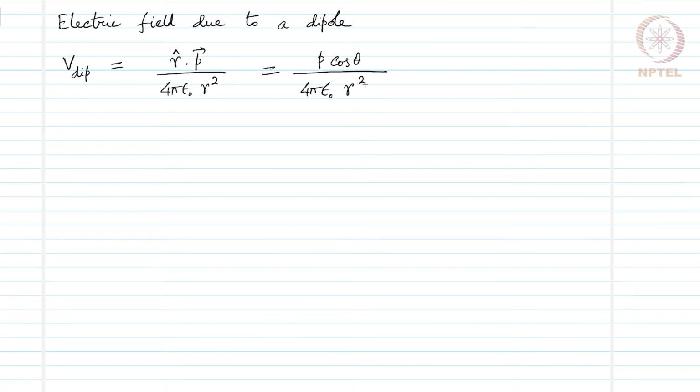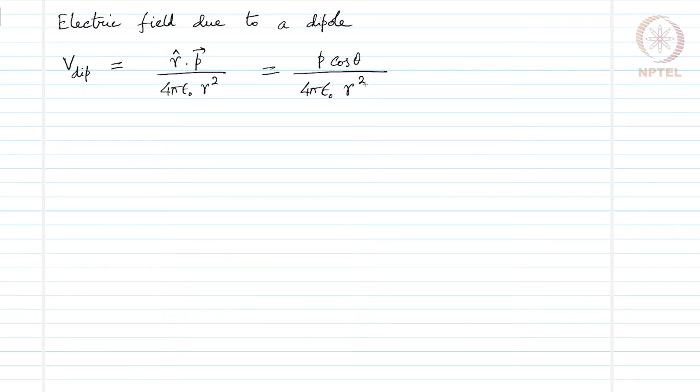So, this is the scalar potential that we have, and this way we have converted it into a function of r and theta, and we assume a symmetry along the azimuthal direction, that is the phi direction. If we consider the dipole, two charges separated along the z axis, then that azimuthal symmetry will be there in our problem.